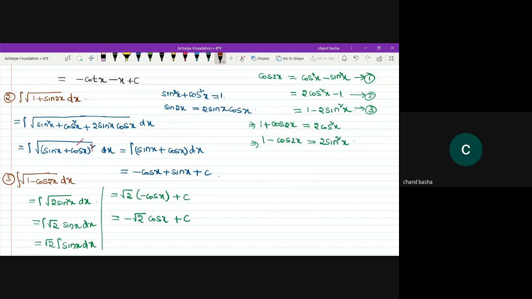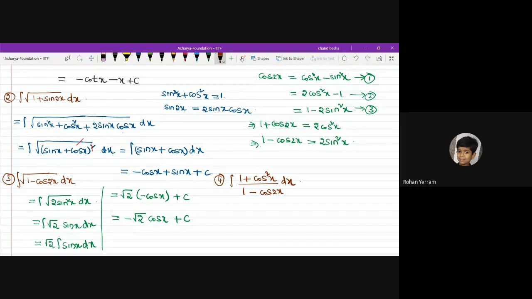Anyhow, we'll try to discuss this type of question also, so that we can understand how to reduce the given expressions. Integral of 1 plus cos square x divided by 1 minus cos 2x dx. Let us see how we are reducing this expression. Hopefully the numerator cannot be changed. You can take it as it is.